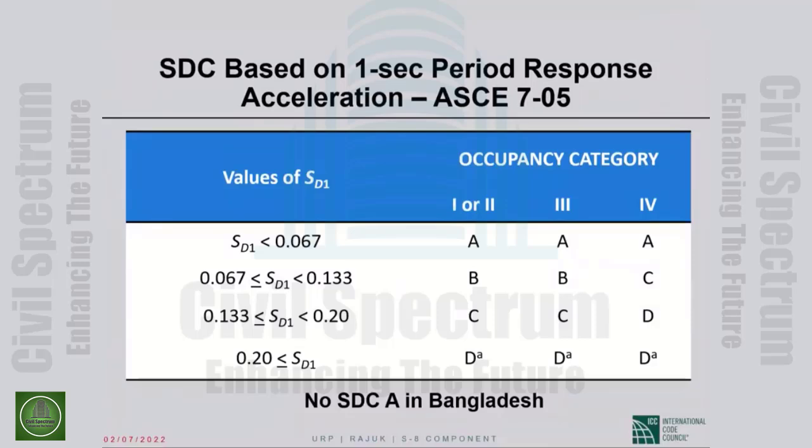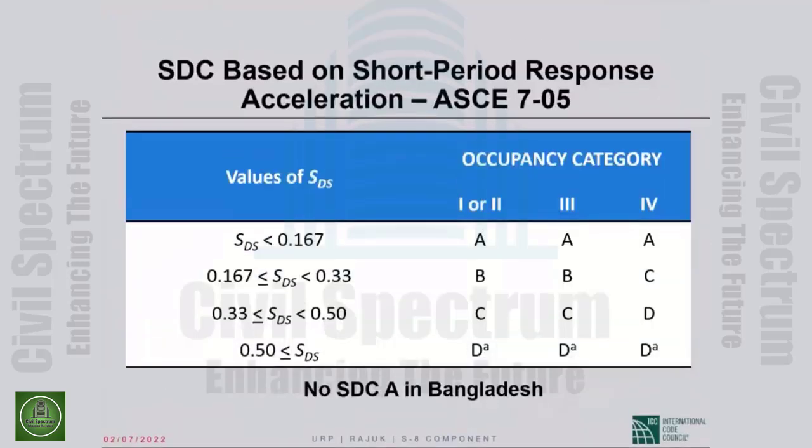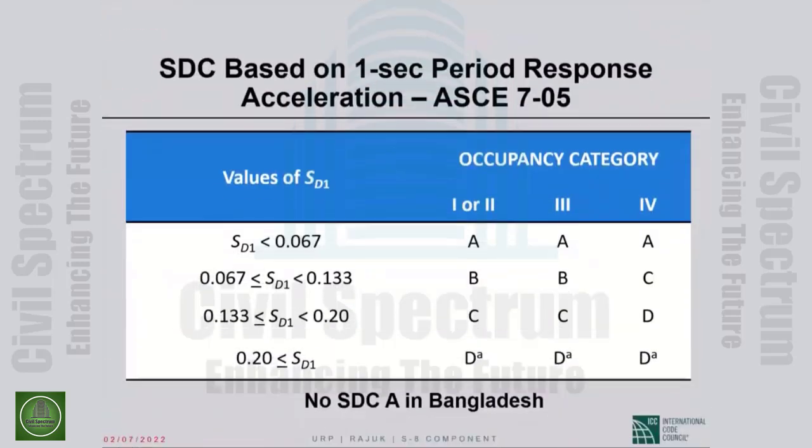So you determine seismic design category based on short period ground motion. You redetermine the seismic design category of the same structure now based on long period ground motion, S sub D1, from this table, and you take the worst of the two.